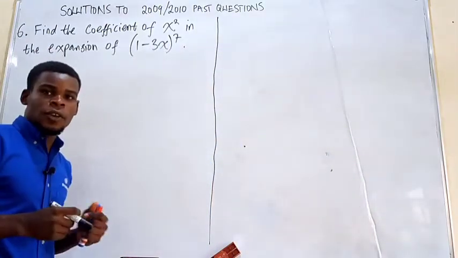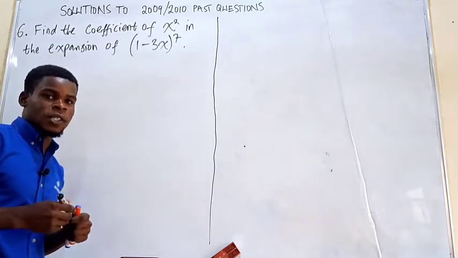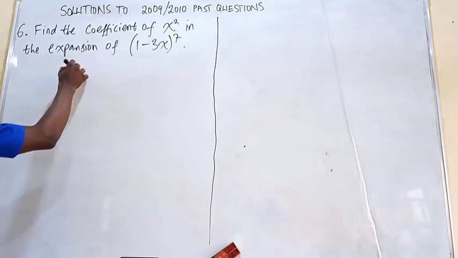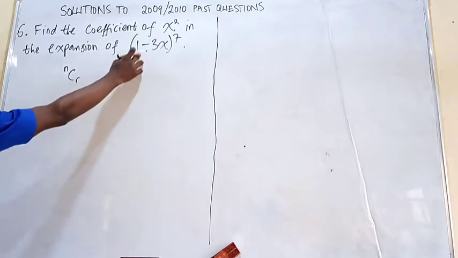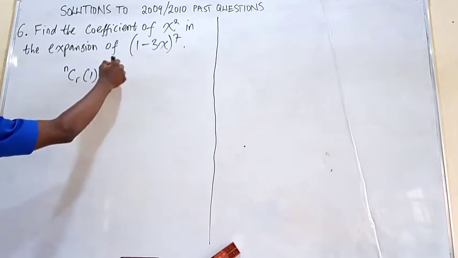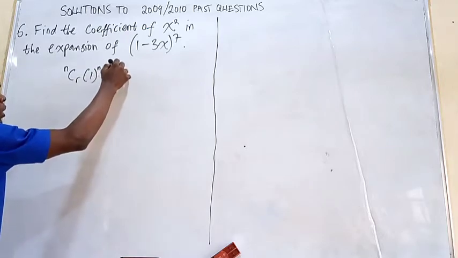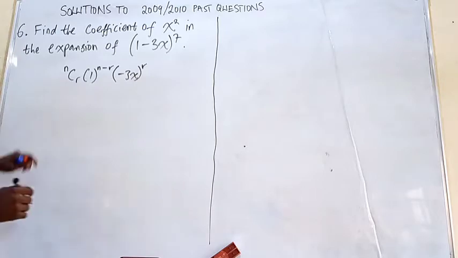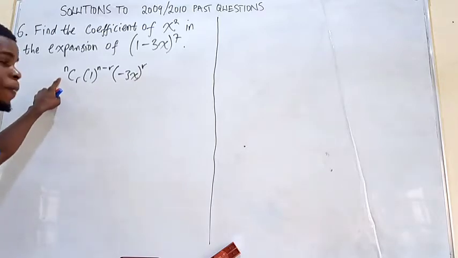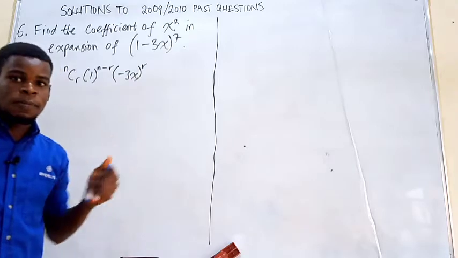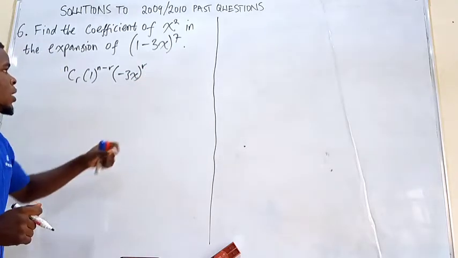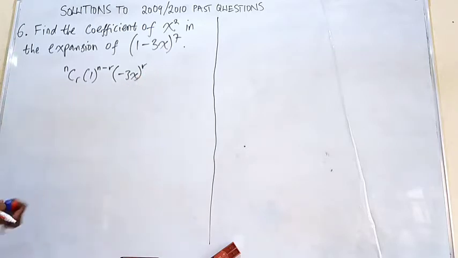We know that the (r plus 1)th term of a binomial series is denoted by nCr, then the first term, which is 1 raised to the power of n minus r, times the second term, which is negative 3x raised to the power of r. So in this case, 7 is the n, and r here is what we're choosing, from the combinatorial analysis.